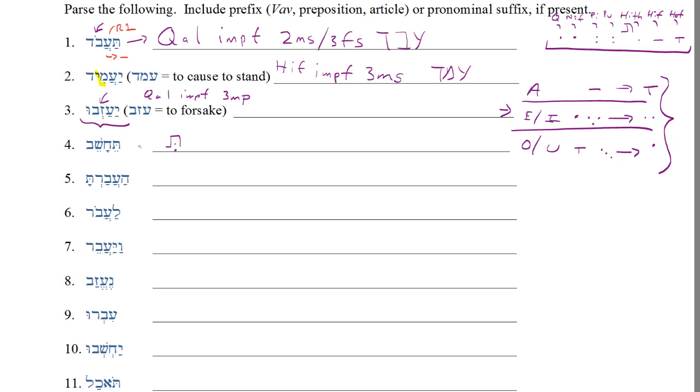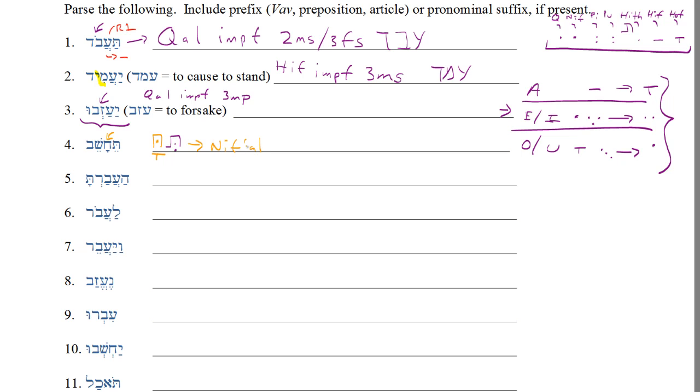Originally we had a tav with a hirik, and what is it that caused it to lengthen? Well, the guttural in R1 would have rejected doubling, and so this tseri tells us that there was doubling. This chet was doubled. We can't double it, but I'm just going to put that there because we're using our imagination. And then we have a qamets underneath that. All of those put together give us a nifal.